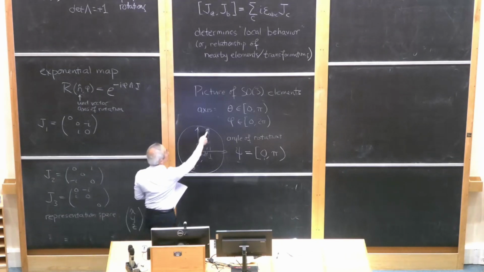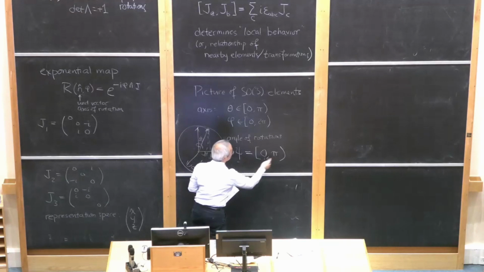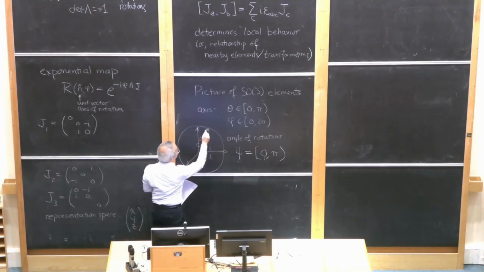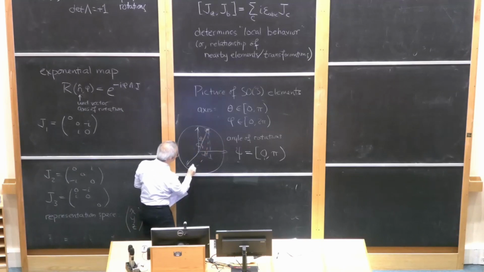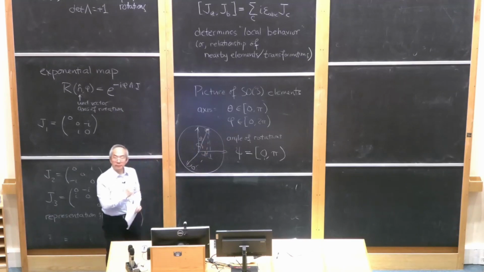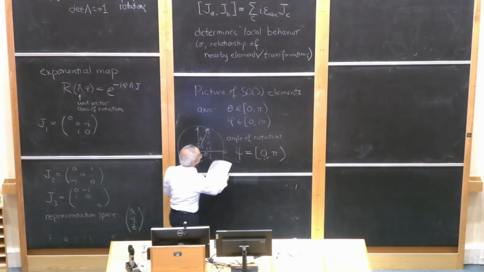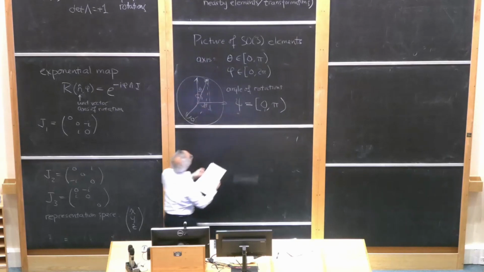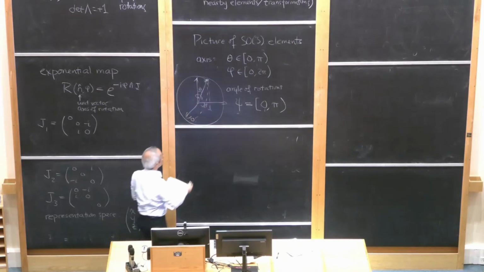But if you're sitting out here on the edge, at pi, then the neighborhood incorporates not just the neighborhood around here, but the neighborhood around here as well. We won't go into huge details about all the problems associated with this.